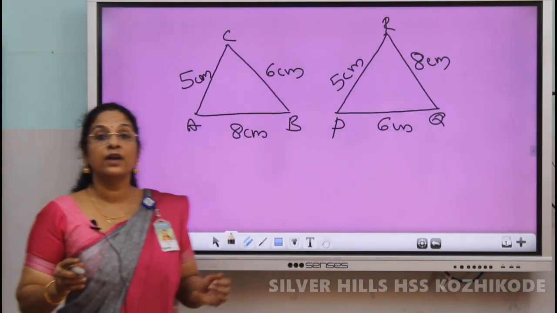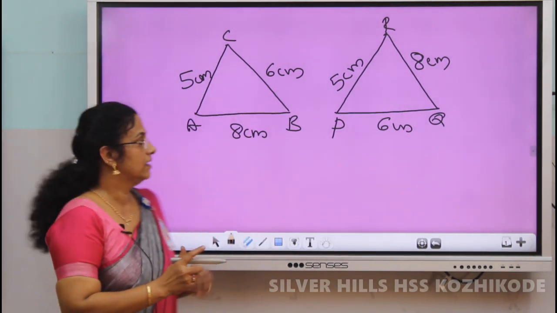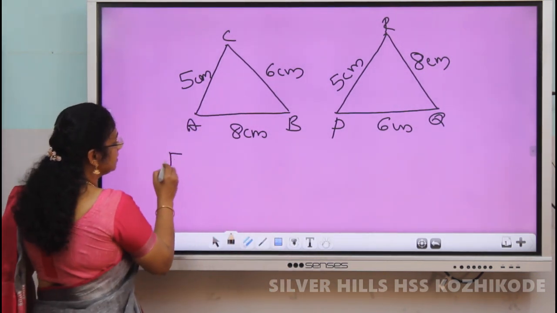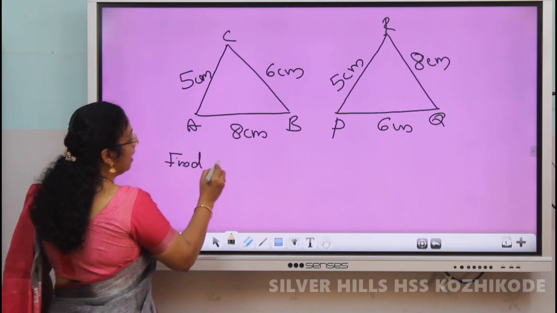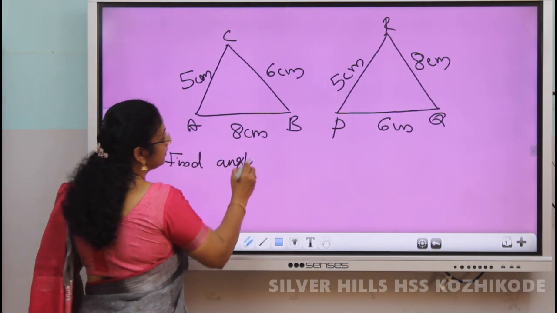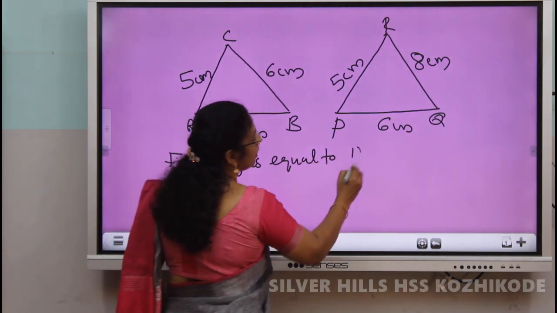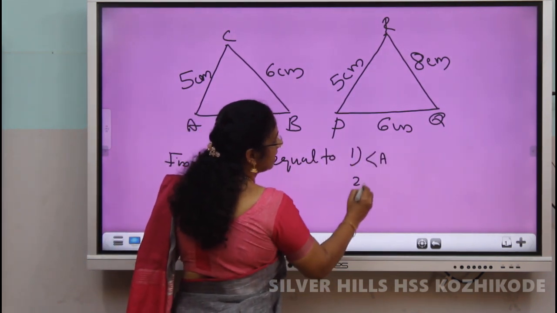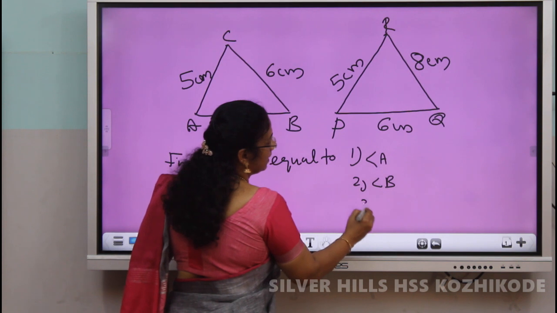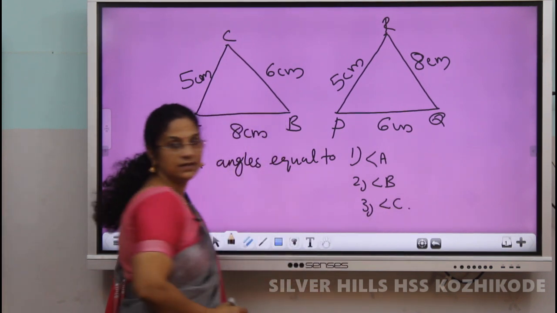Now we want to find equal angles, that is, find angles equal to, first one angle A, second one angle B and the third one angle C.